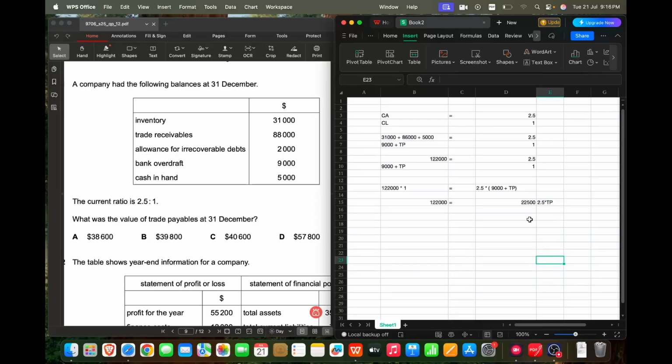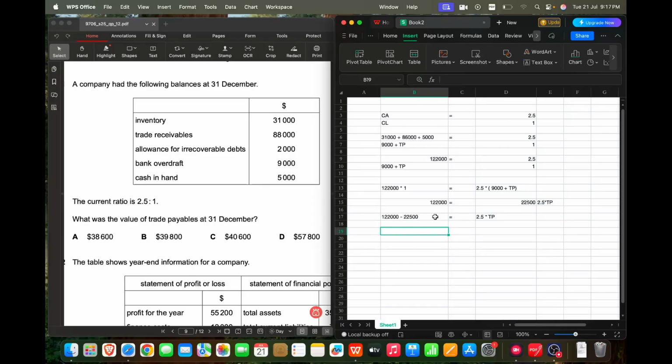Now let's take this to the other side. So 122,000 minus 22,500 equals 2.5 into TP, trade payable.